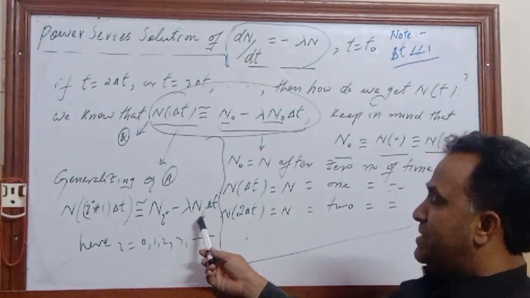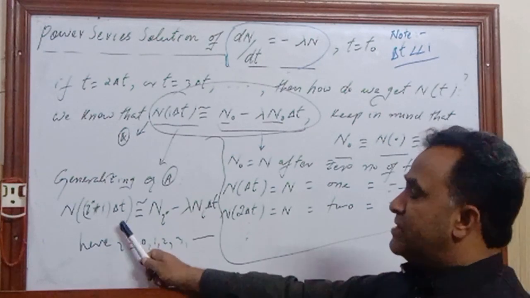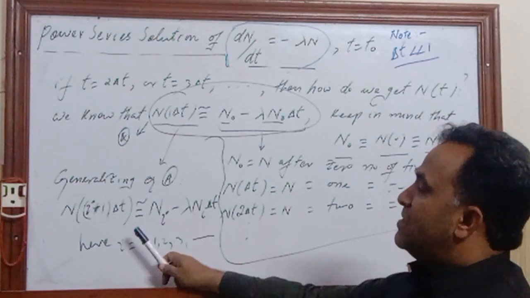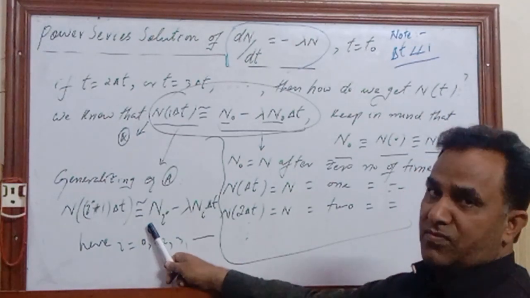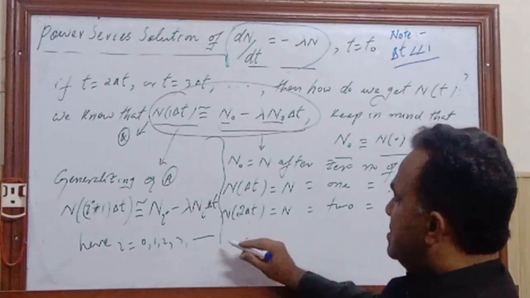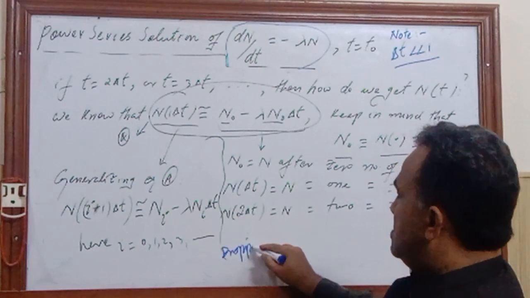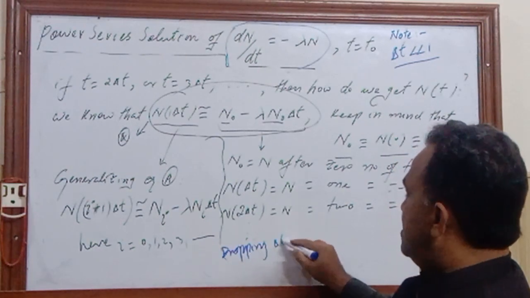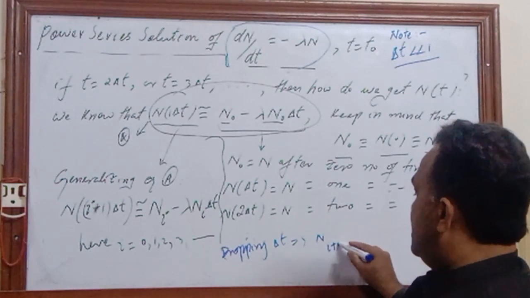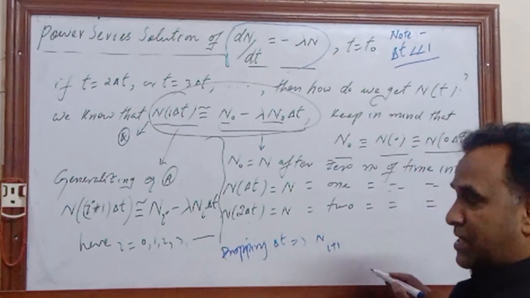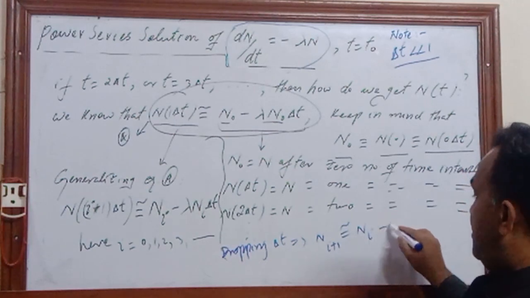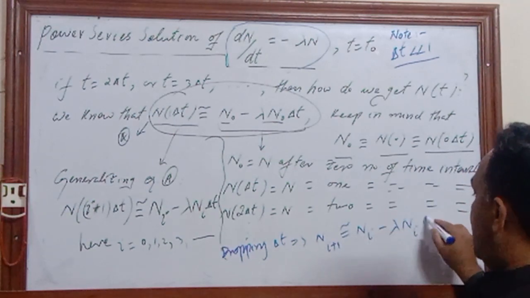Here, for the sake of simplicity, we can drop the symbol of delta t from the left side, and write the equation which is called the iterative equation like this: writing the indices I and I plus 1 as subscripts, n sub I plus 1 equals n sub I minus lambda n sub I times delta t.